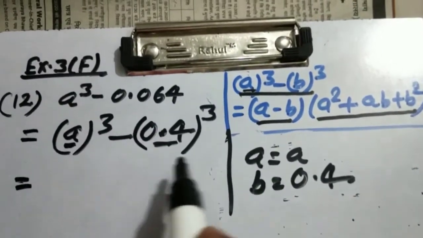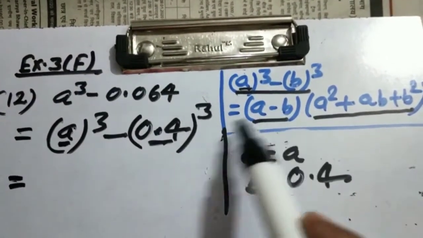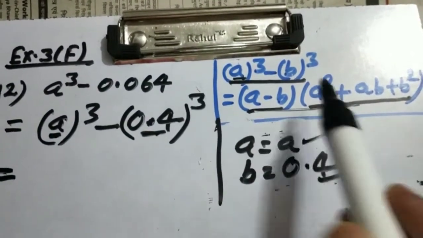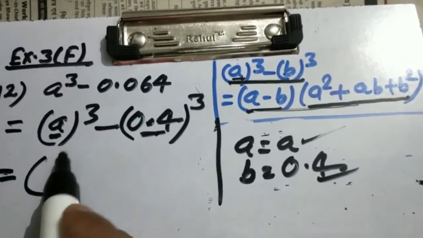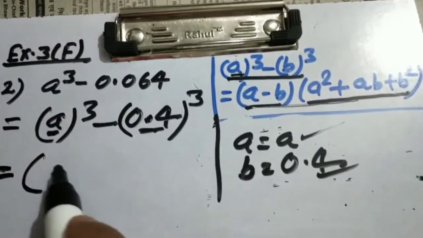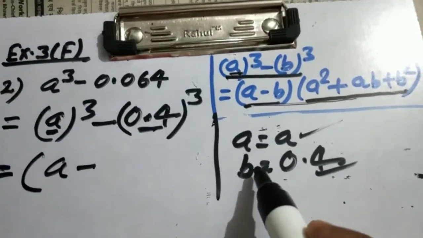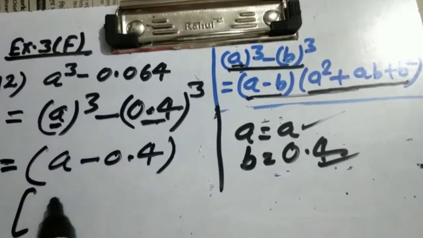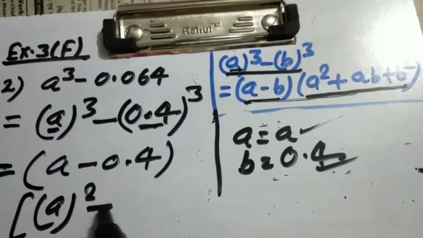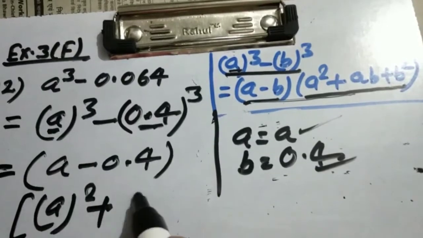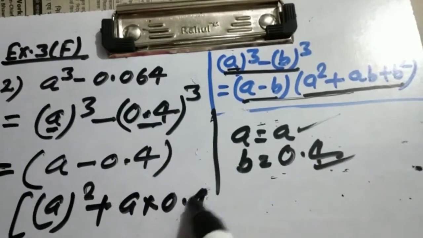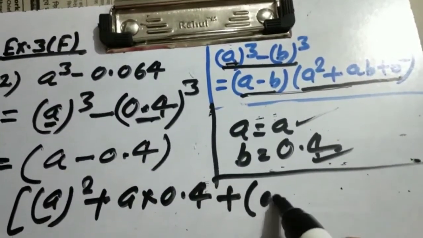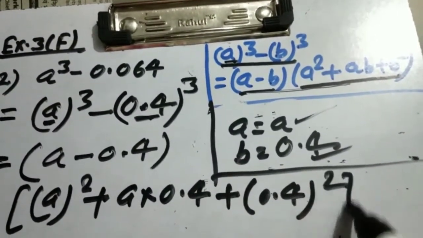Now you have to put the values of this a and b in this identity. Write a minus b, so at the place of b write 0.4, and then a square, plus ab, so a into 0.4, and then b square, that is 0.4 the whole square.